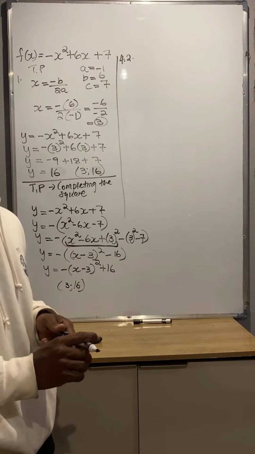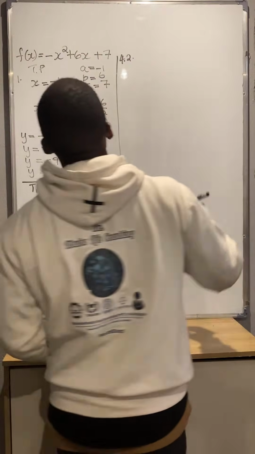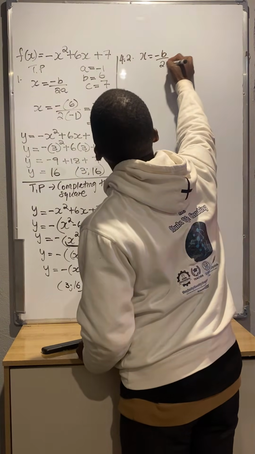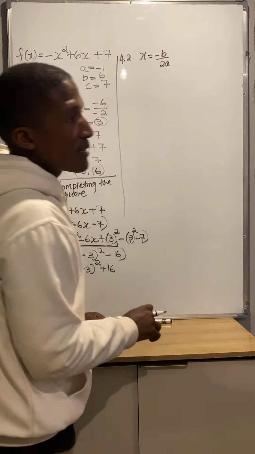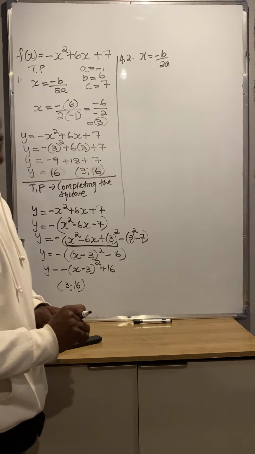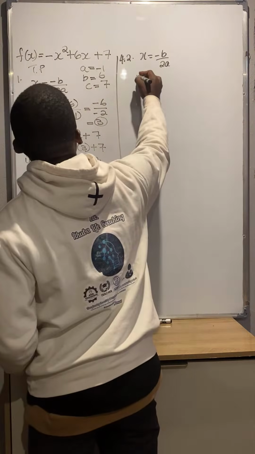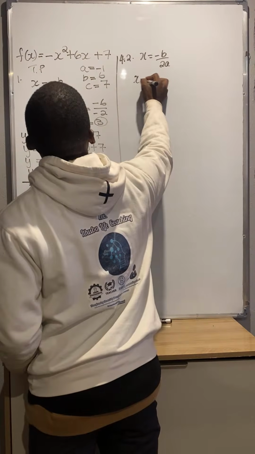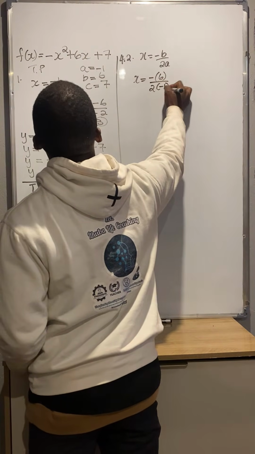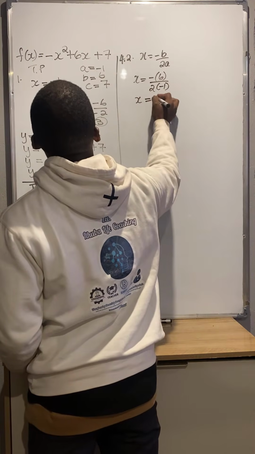Guys, what is the axis of symmetry of this one? The axis of symmetry is x equals negative b over what? Over 2a. Therefore it is negative 6 over 2 times negative 1. The answer is 3.